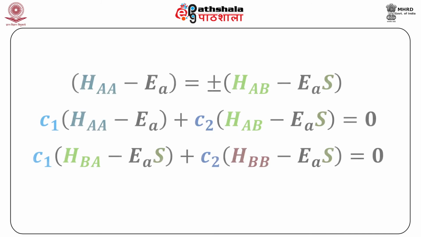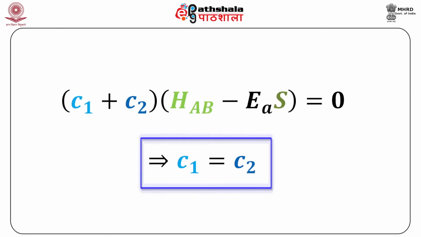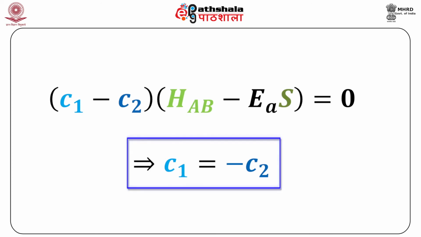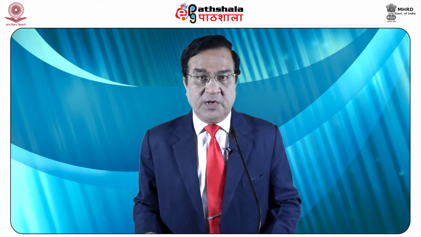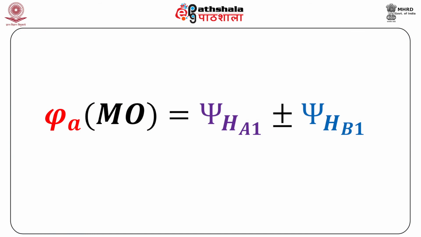If we solve these equations, there are two possibilities. One possibility is that C1 is equal to C2, and the other possibility is that C1 is equal to minus C2. And therefore, the two values of the approximate molecular wave function, or the molecular orbital, are psi Ha1 plus or minus psi Hb1.